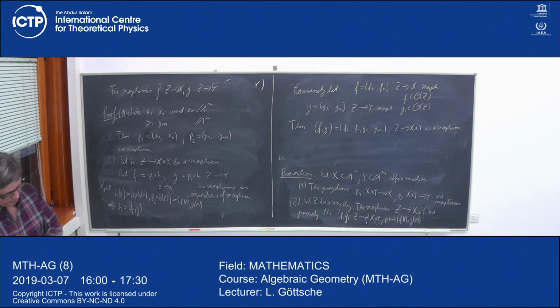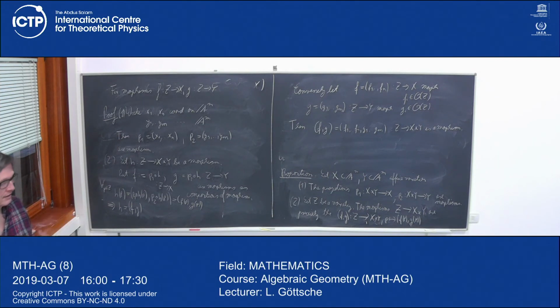Now, if one wants to do it in a slightly more sophisticated way, one would define what an abstract variety is, which is something more general than what we consider, and then you just take the set theoretic product of X and Y, like here, and give it the structure of an abstract variety.